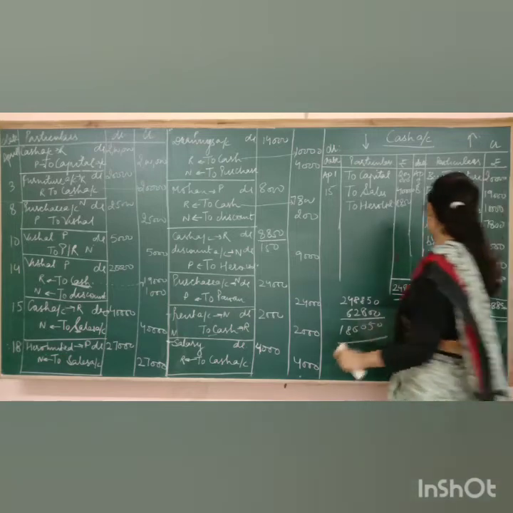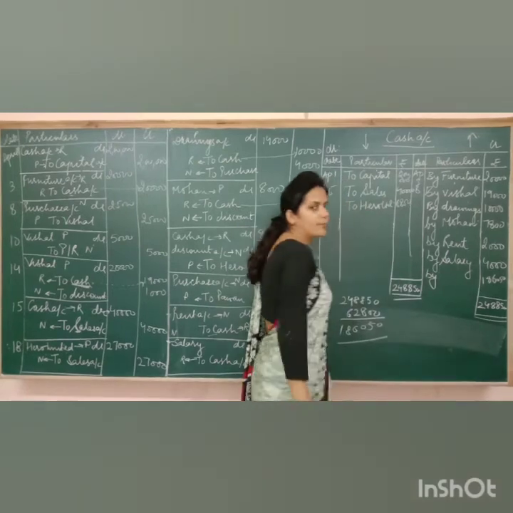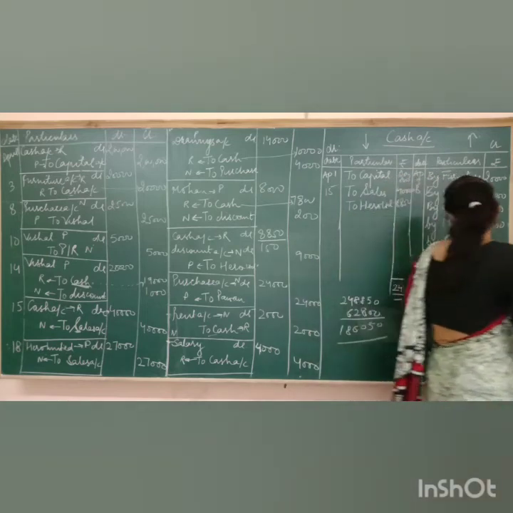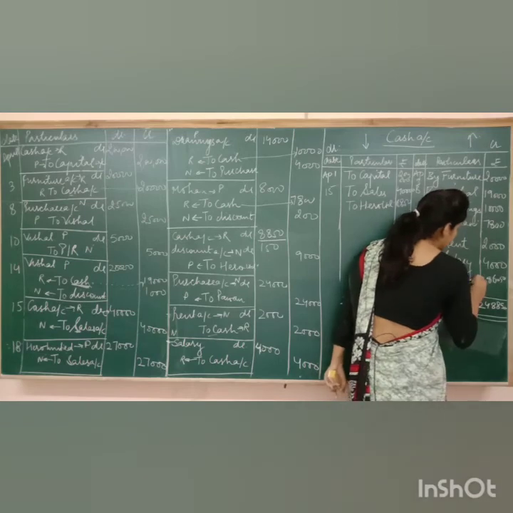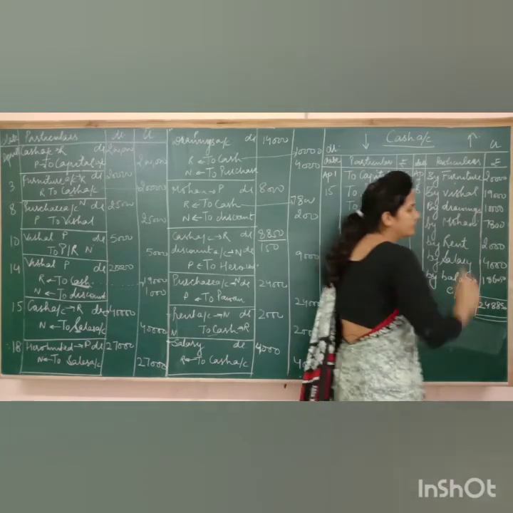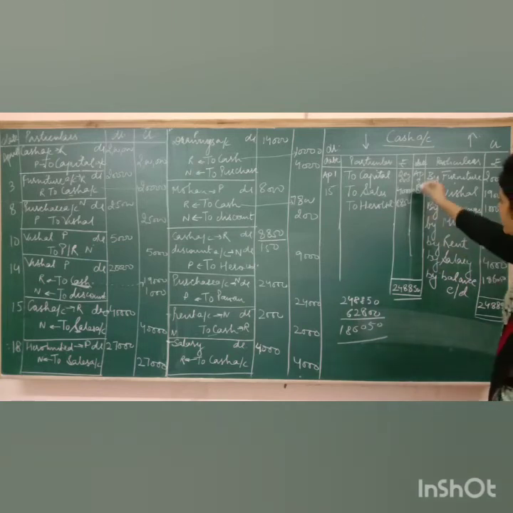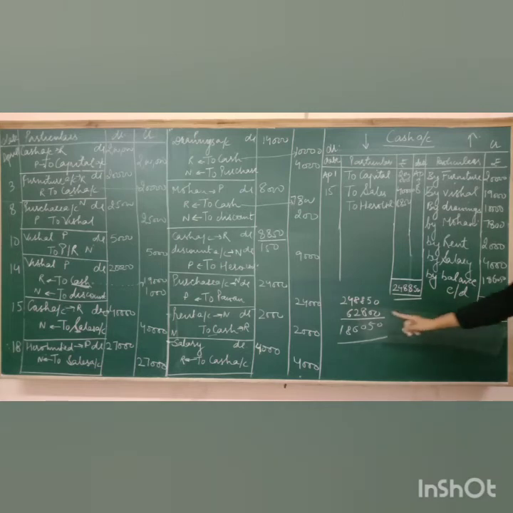So how to write it? First of all, any transaction always starts with the word by, right? I am writing some balance here, then I have to use the words by balance carried down. By balance carried down. I repeat what I did just now. I totaled the debit side and I totaled the credit side. When I totaled the debit side, I found that total of debit side is 248,850 and total of credit side is 62,800.